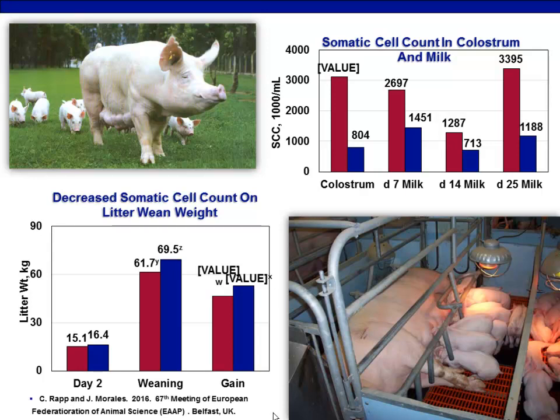And what we see is we had a very different difference between the 2 dietary treatments, control and then a treated group with mineral source, etc. And equivalent or iso to each other for all minerals. And what we see is we have a very big difference in what happened with somatic cell count.